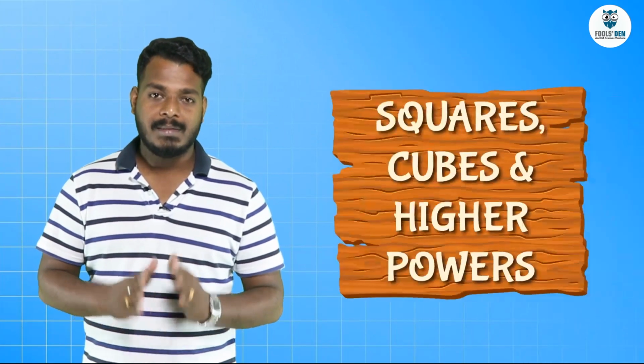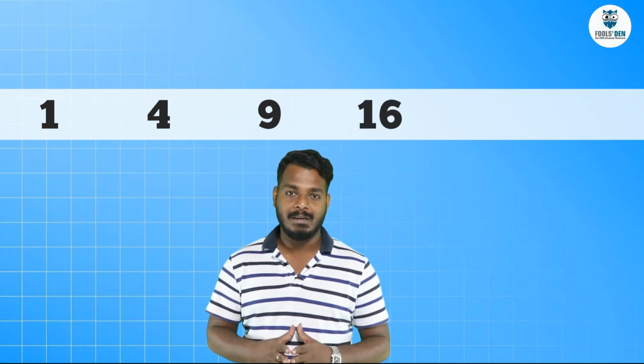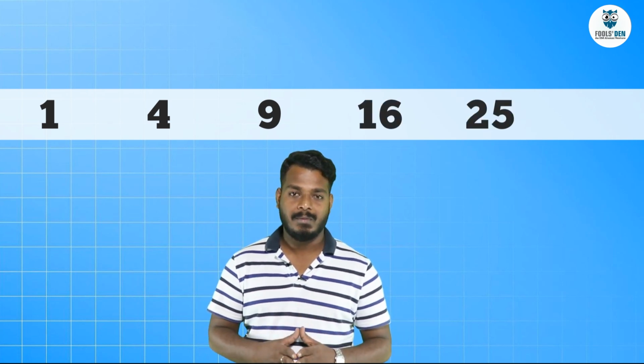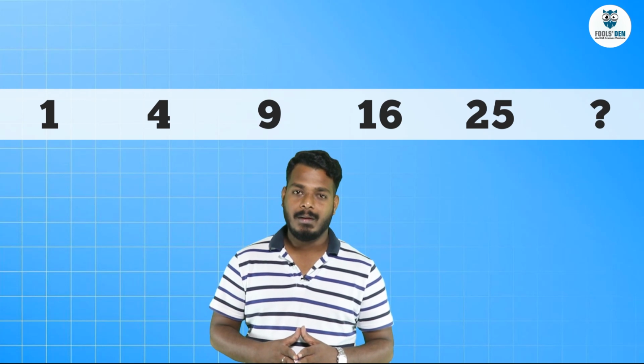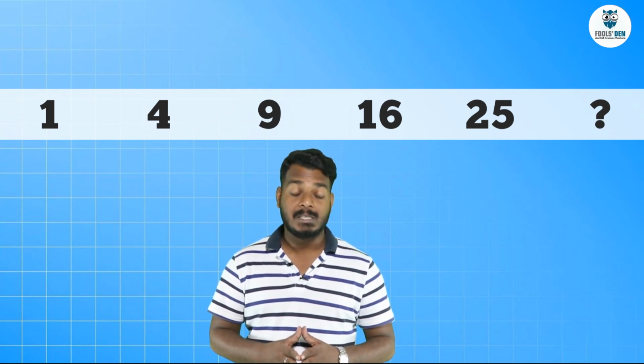Concept number 3: squares, cubes and higher powers. Now have a look at this series: 1, 4, 9, 16, 25, question mark. Do you remember these numbers? These are special numbers.